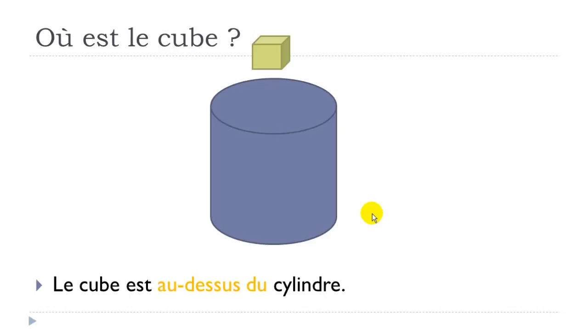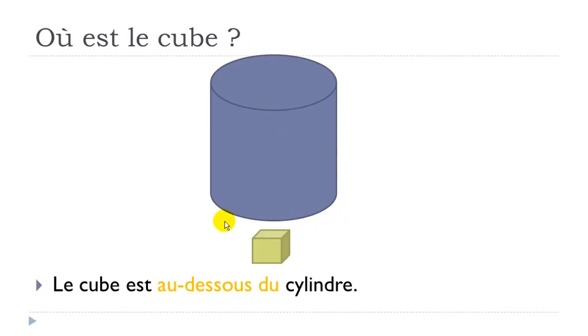Okay? Then, same situation, but the opposite, so it's here and no contact. You can see no contact. Le cube est au-dessous du cylindre. Au-dessous, final S not pronounced, du cylindre.